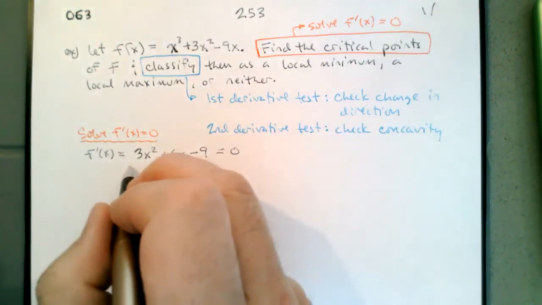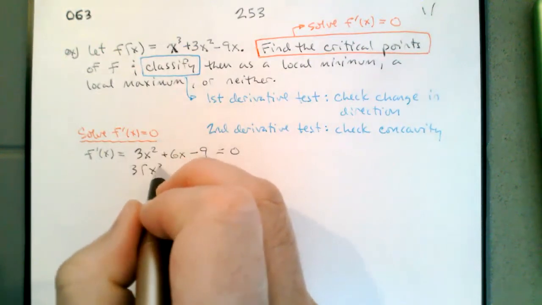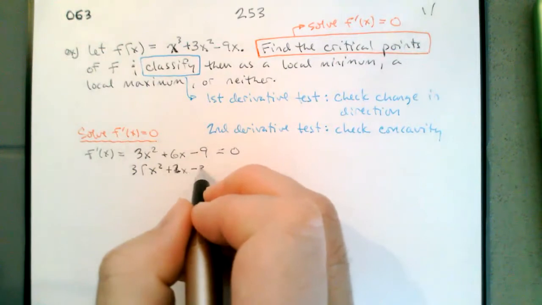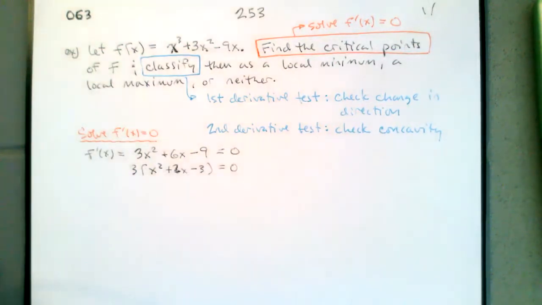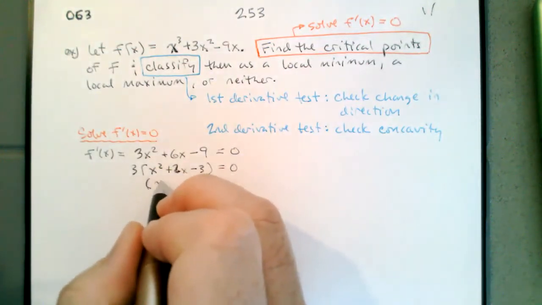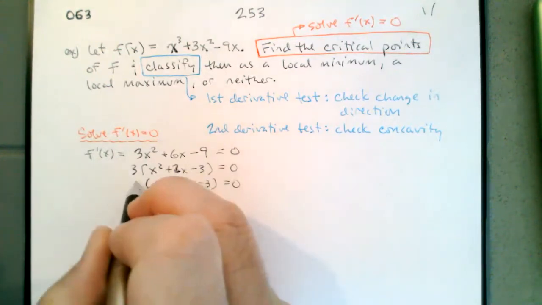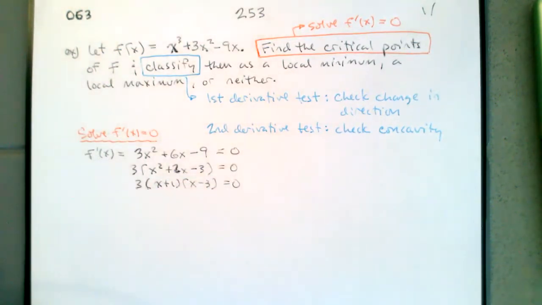So I'm going to take out the 3, and that leaves an x squared plus 2x minus 3. And then the x squared plus 2x minus 3 is an x plus 1 and an x minus 3. We don't care about the 3. We care about the zeros.